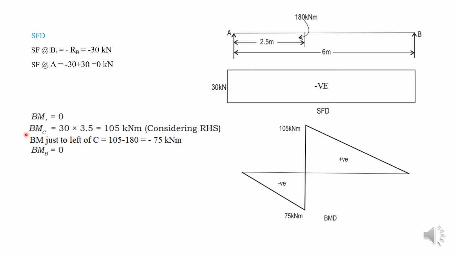Now in order to draw the bending moment diagram, see here the value of bending moment at B is 0, and here the value of bending moment is minus 180 kilonewton meter plus RB into 6 minus 2.5, and that will be 105 kilonewton meters.